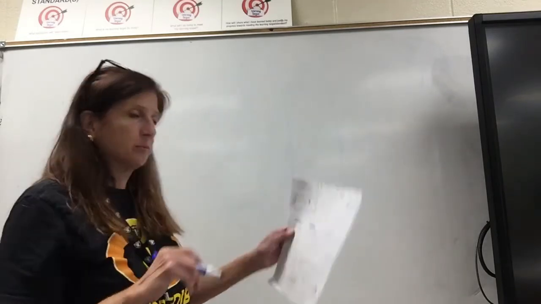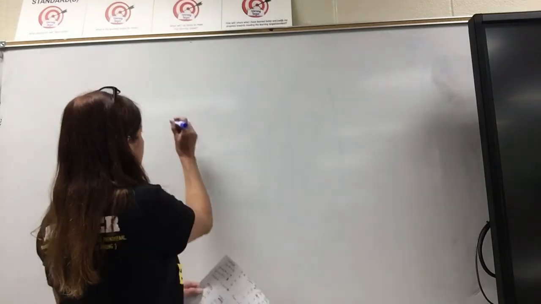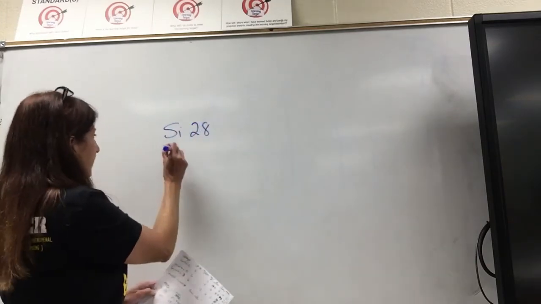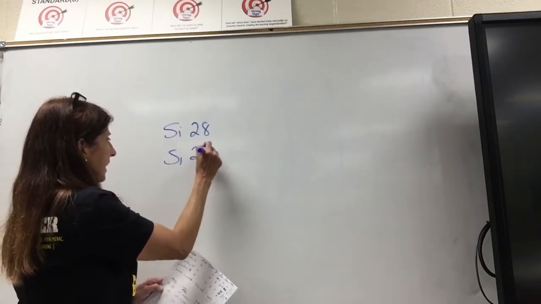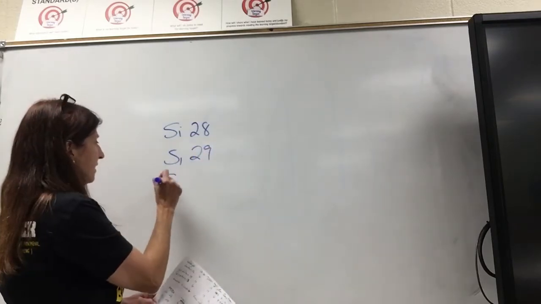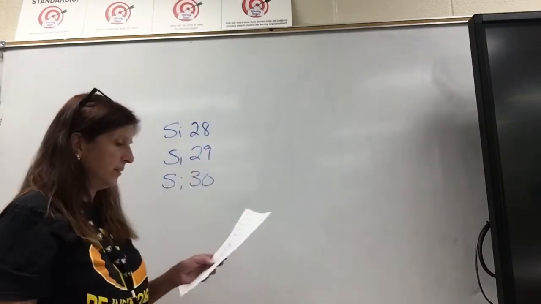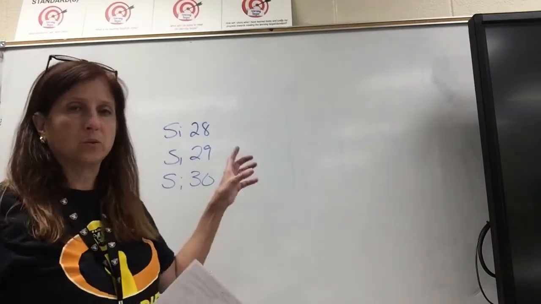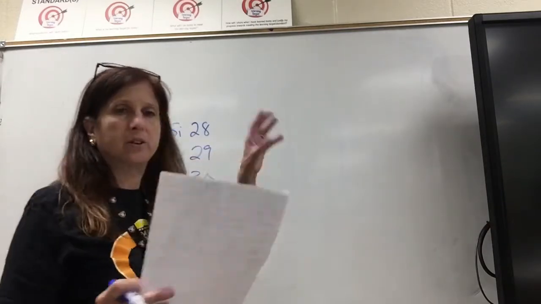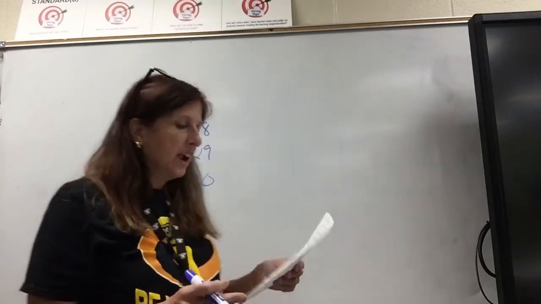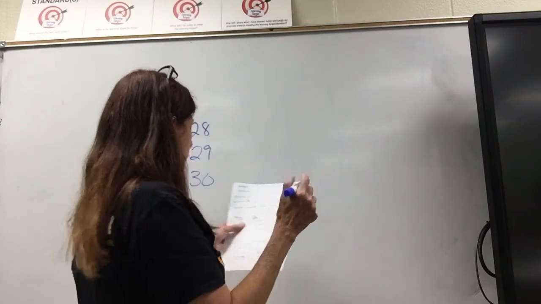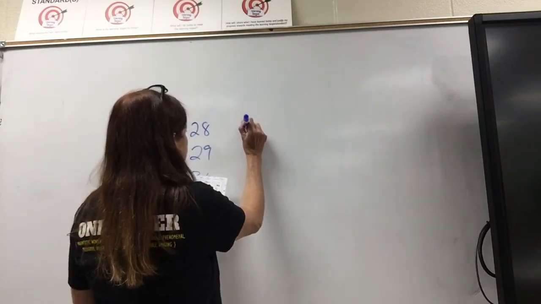So I have some different isotopes of silicon. I've got silicon 28, silicon 29, and silicon 30, okay? And for each of these, even though the mass number is a whole number that comes from the protons and the neutrons added together, they have a scientifically found mass that's slightly different.